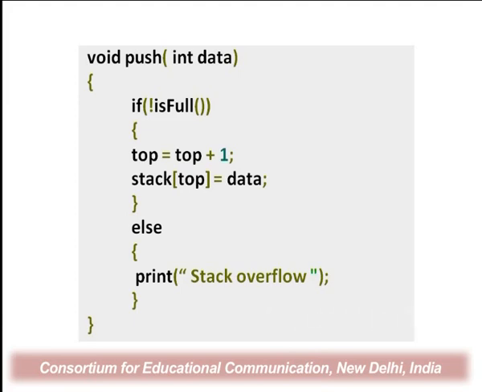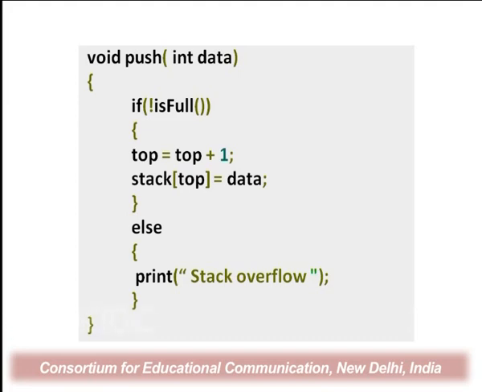If it is not full, that is, if isFull returns false, then you need to increment the top, which is done by top = top + 1. Then the data which is passed as a parameter to the procedure push is stored onto the top element of this stack array, which is achieved by stack[top] = data.